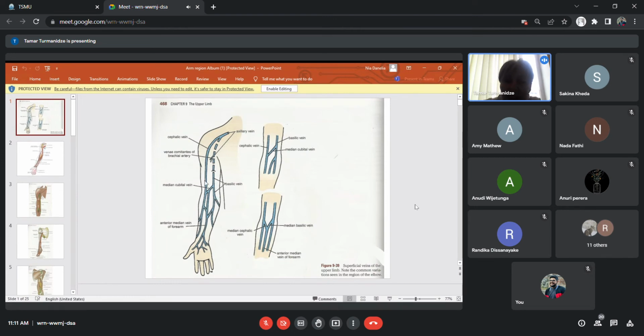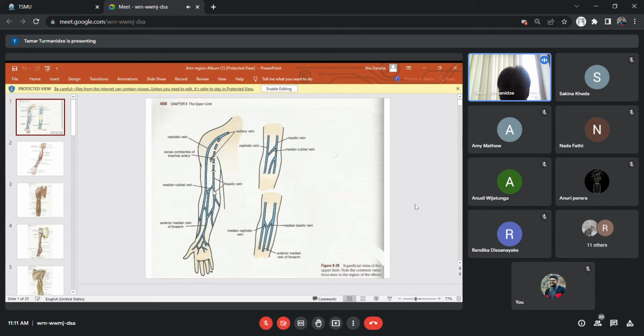On the lateral side, the cephalic vein is accompanied by the lateral cutaneous nerve of the forearm, which is a continuation of the musculocutaneous nerve, and on the medial side, the basilic vein is accompanied by the medial cutaneous nerve of the forearm, which comes from the medial cord of the brachial plexus.